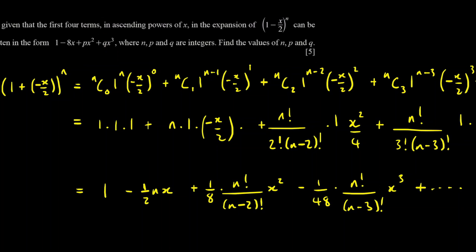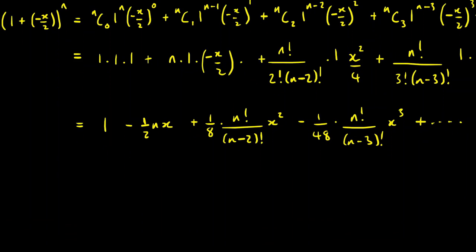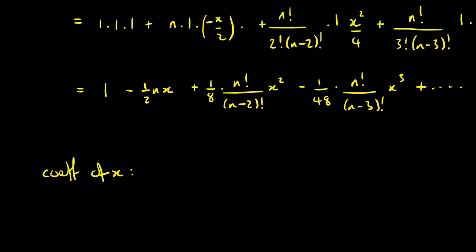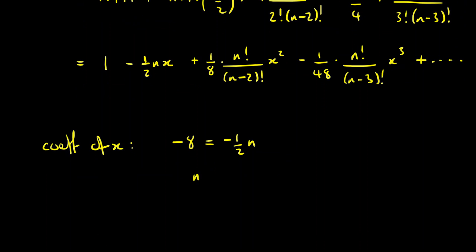So why don't we start by comparing the coefficients of x. So if we compare coefficients of x, then negative 8 must be equal to negative a half n. And if that's the case, then n will be equal to 16. Not 16 factorial, beg your pardon, 16. Well, once we know that, then we should be able to get everything else, right?